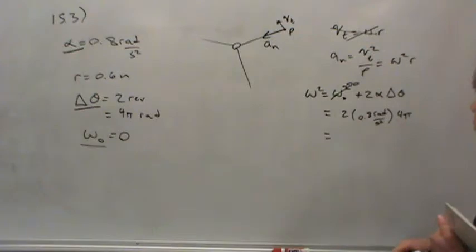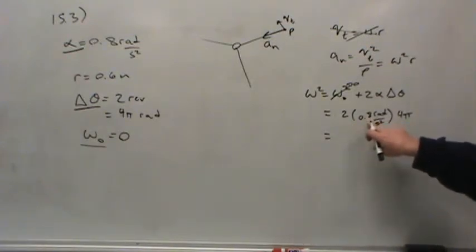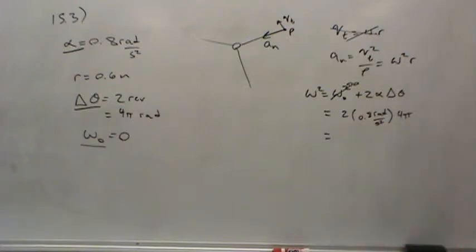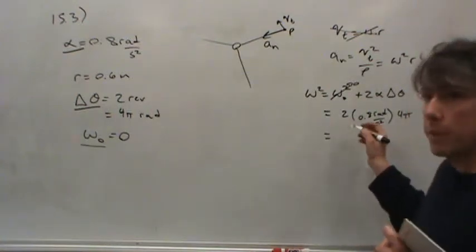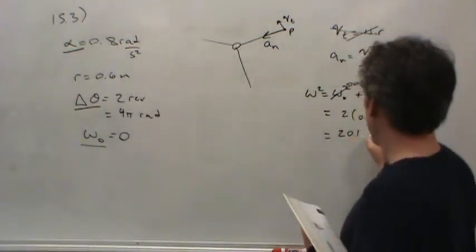calculator help, please. Basically, we have 8 times, well, times 0.8 would be 6.4. I need 6.4 times pi, and then that will give me radians per second squared, which will be 20.1. I'm sorry, how much? 20.1.